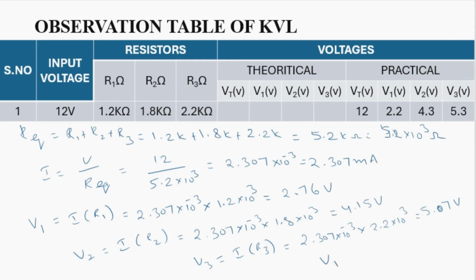Vt equals V1 plus V2 plus V3, 2.76 plus 4.15 plus 5.07, which is almost 11.98, almost equal to 12.